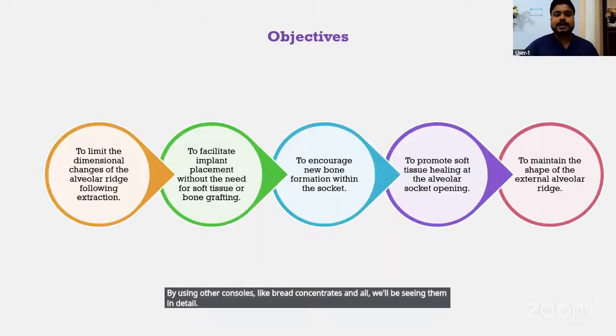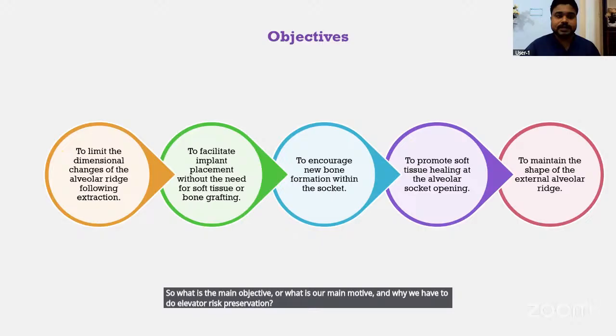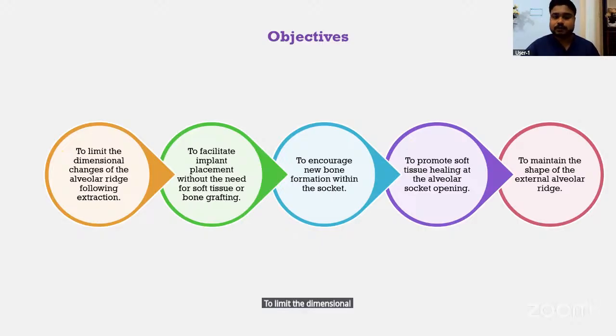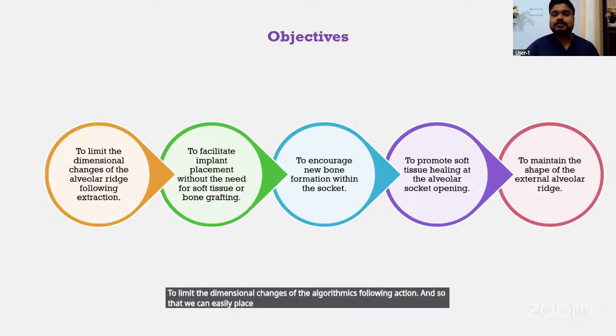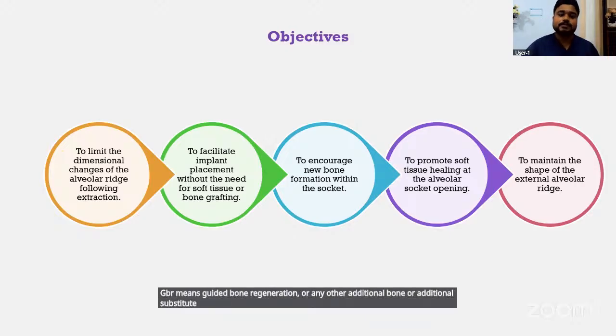So what is our main objective and why do we have to do alveolar ridge preservation? To limit the dimensional changes of the alveolar ridge following extraction, so that we can easily place a dental implant without any need of additional bone grafting or GBR. GBR means guided bone regeneration, or any other additional bone substitute while placing the implant.